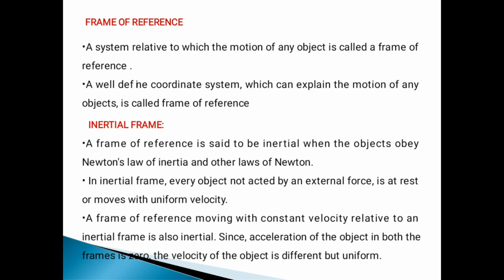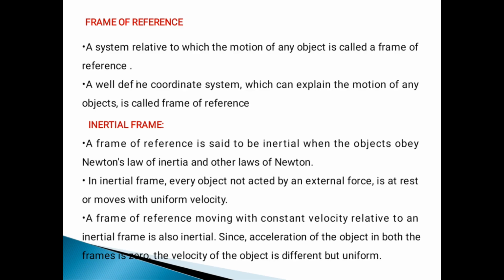A frame of reference is said to be inertial when the objects in this frame obey Newton's law of inertia and other laws of Newtonian mechanics. A frame of reference moving with constant velocity relative to an inertial frame is also inertial, since the acceleration of the object in both frames is zero. The velocity of the object is different but uniform.